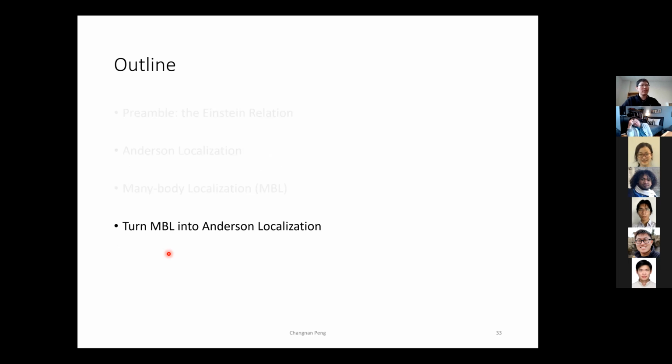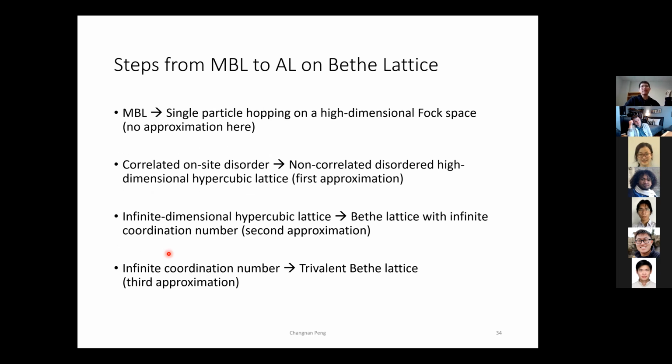Here comes my second part. Unfortunately, I think it's almost the time here. So I will briefly introduce the idea of how we turn a many-body localization problem into an Anderson localization problem on a Bethe lattice. There are several steps.